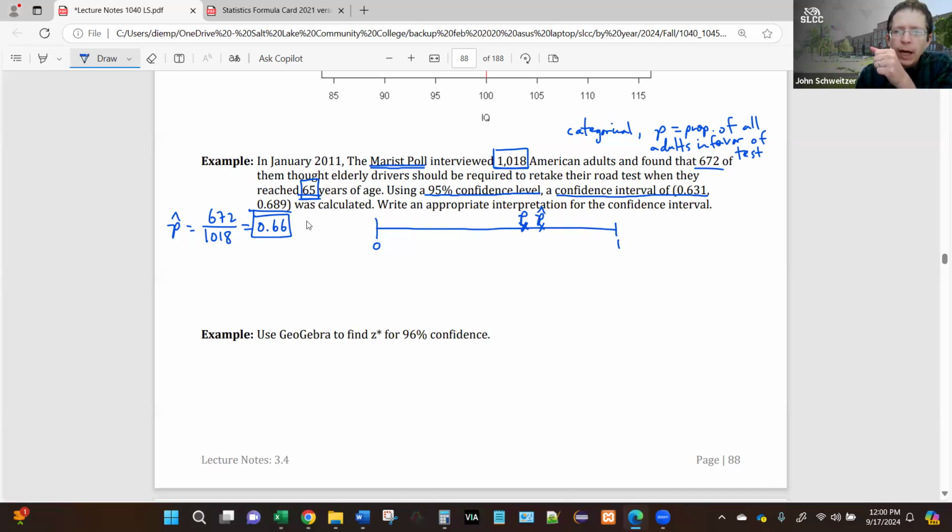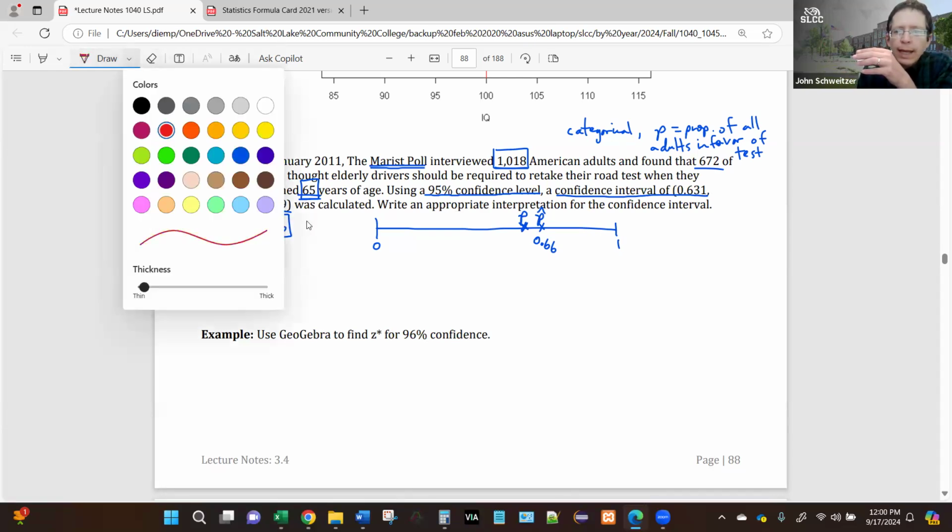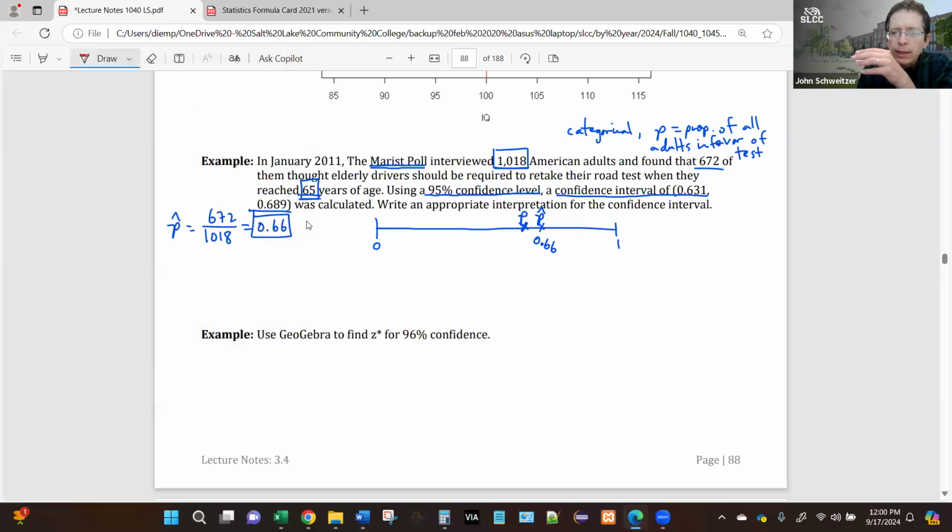P hat will typically not be exactly equal to P because of sampling error. So that value there is the 0.66. You see 0.66, it's between 0 and 1. Then, because there's sampling error, we're pretty sure that P hat does not hit P exactly.